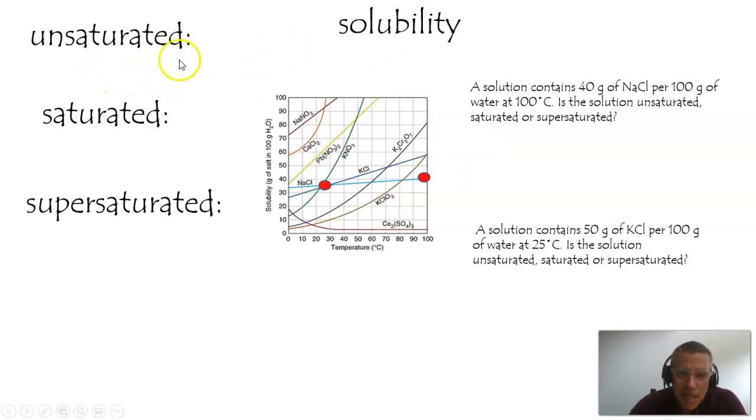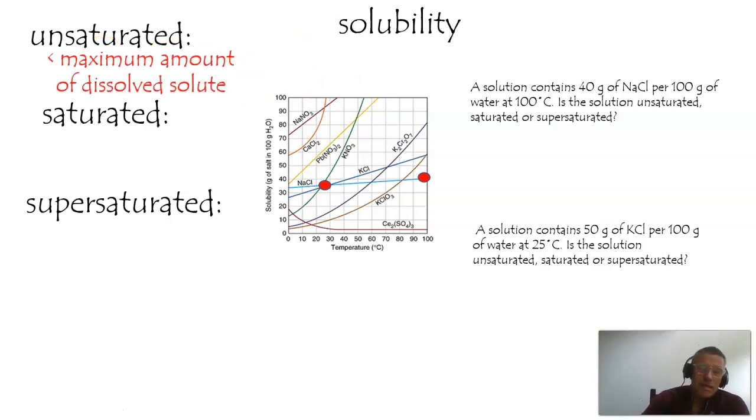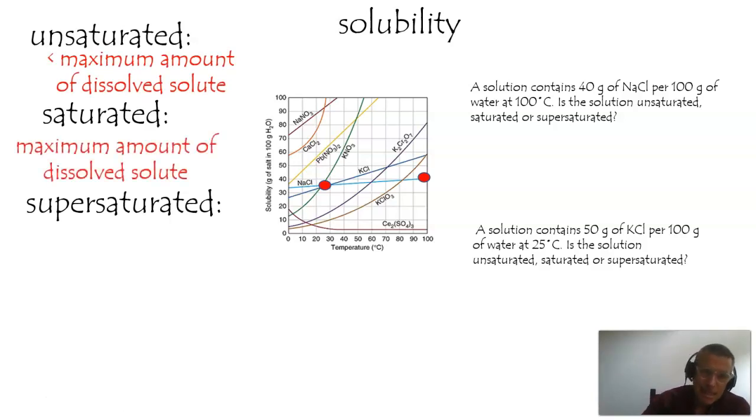Now, if you've just added a little bit and you could add some more, we call that an unsaturated solution. You're less than the maximum amount that you can maintain. A saturated solution is exactly the amount that can dissolve. It's surprisingly easy to do. If you throw in excess salt and water, the excess will settle to the bottom, and the solution above that excess will, by definition, be exactly saturated. No math required.